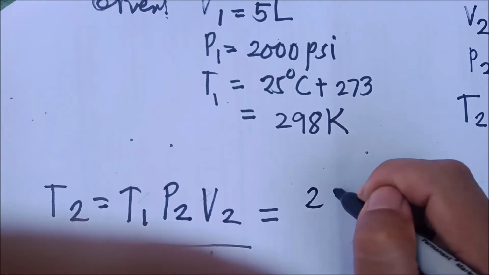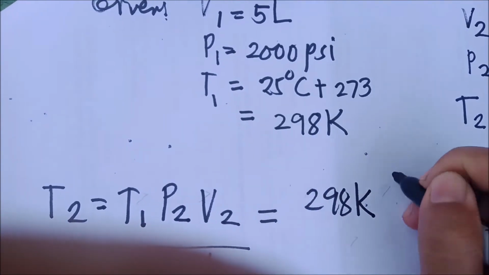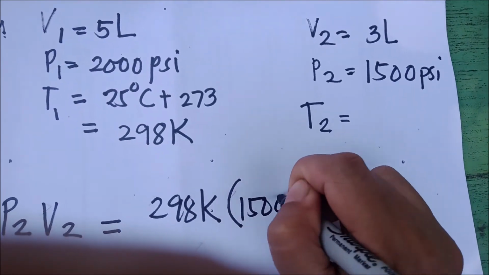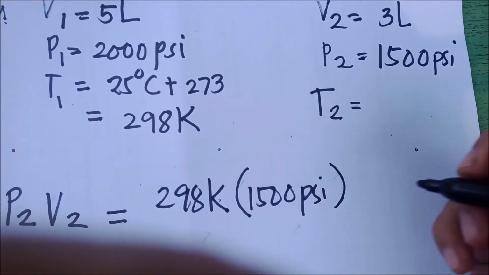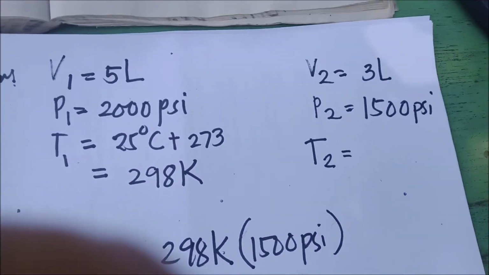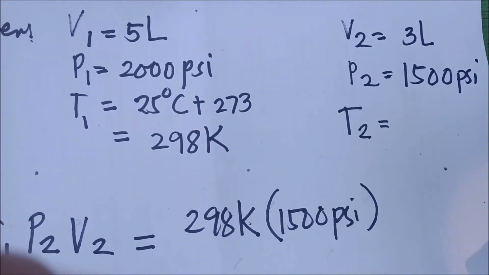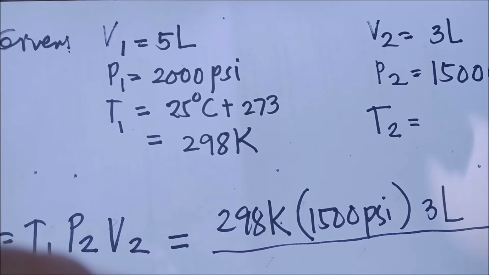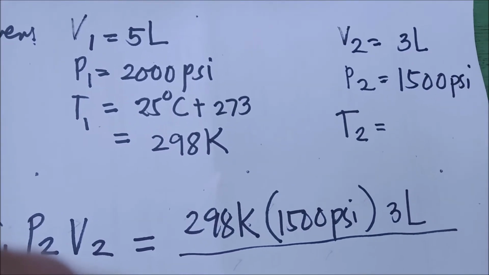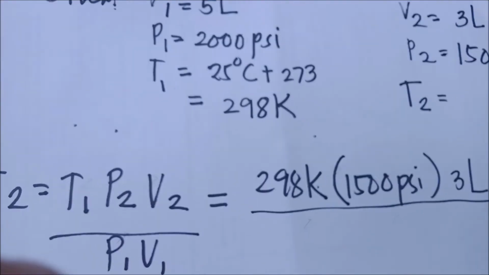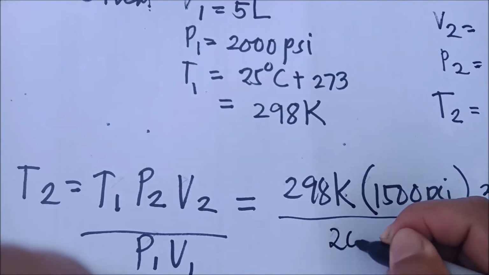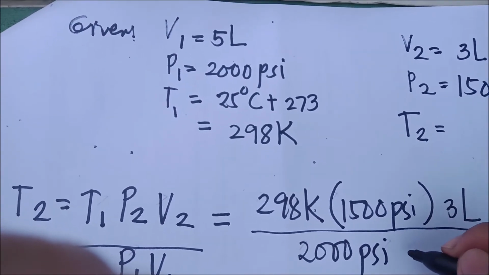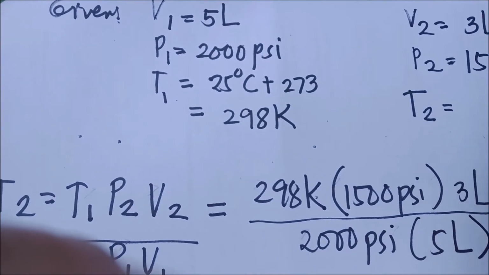Our T1 is 298 Kelvin times the final pressure of 1500 psi times the final volume, which is 3 liters, divided by the product of P1 and V1. So P1 is 2000 psi times 5 liters.